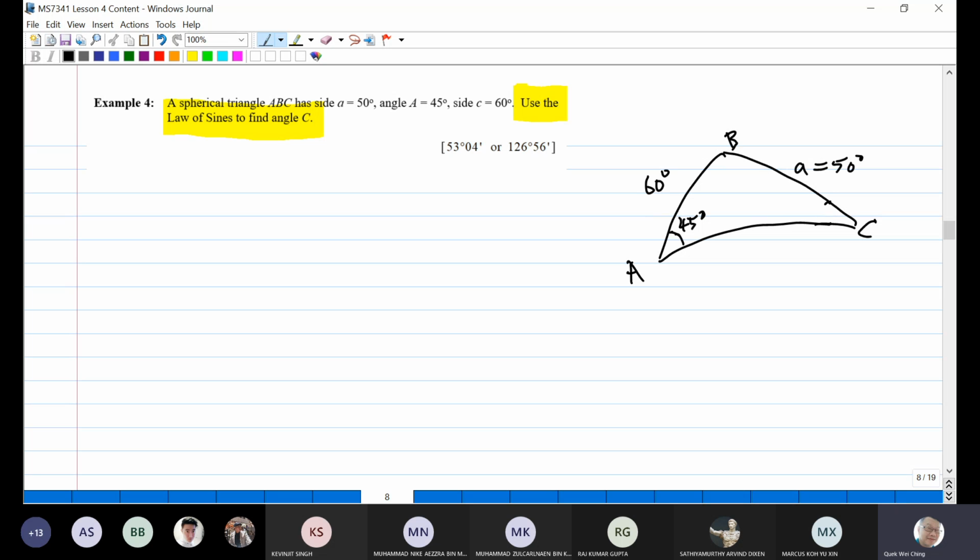Find angle C. If you use color code here, this 60 degrees is the side C. This is the angle I want to find. And I know angle A and side A here.